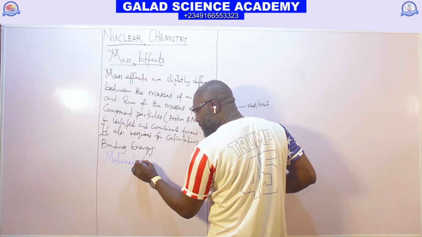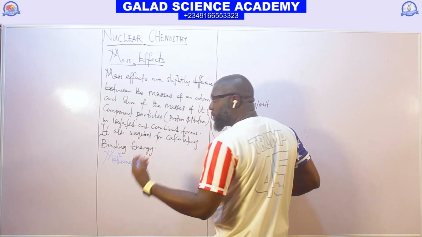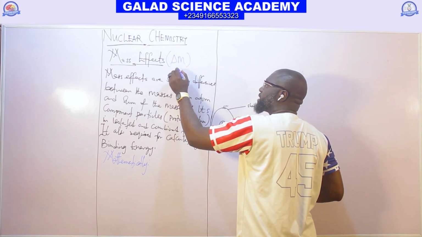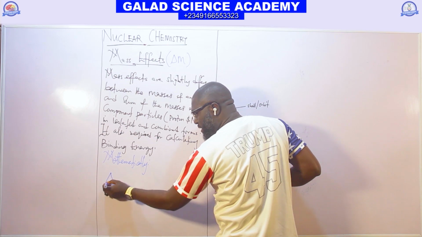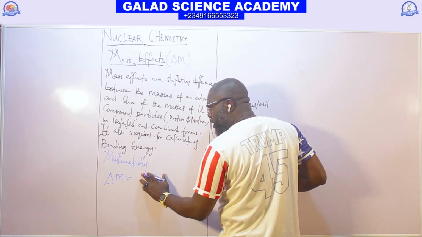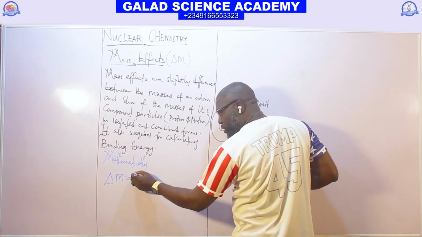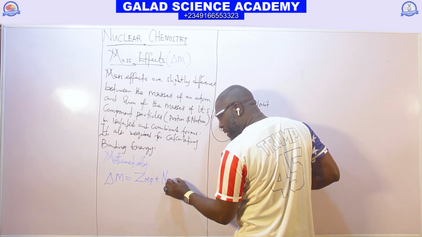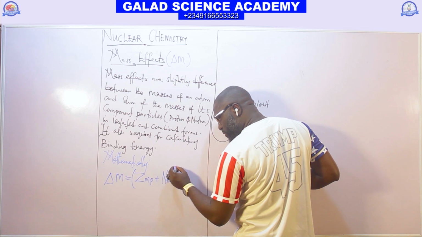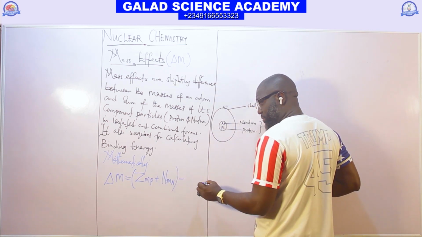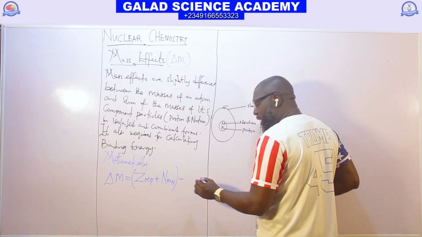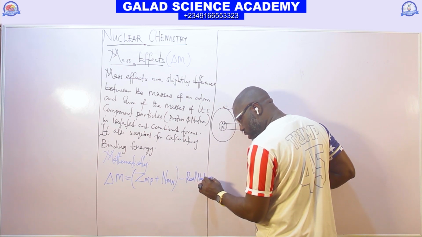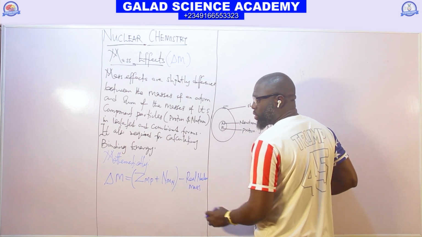Mathematically, the mass defect, this is the symbol for mass defect, ΔM, will be equal to the sum of the mass of protons plus the mass of neutrons, minus the real nuclear mass.